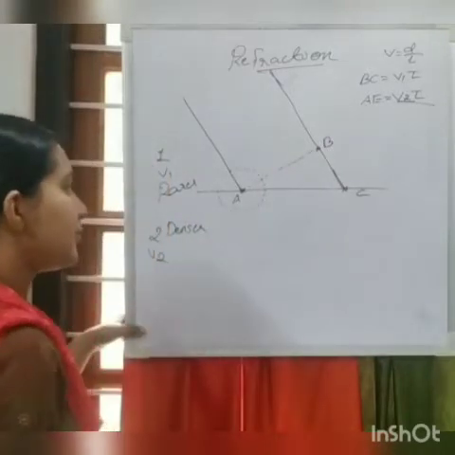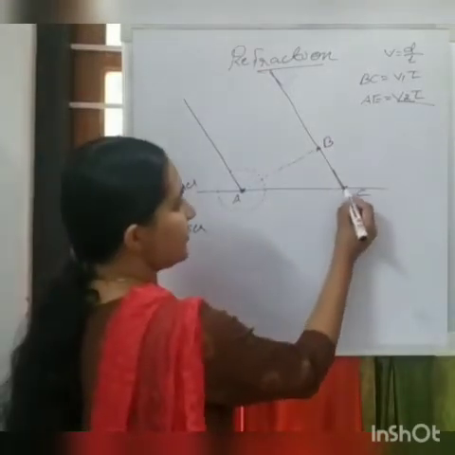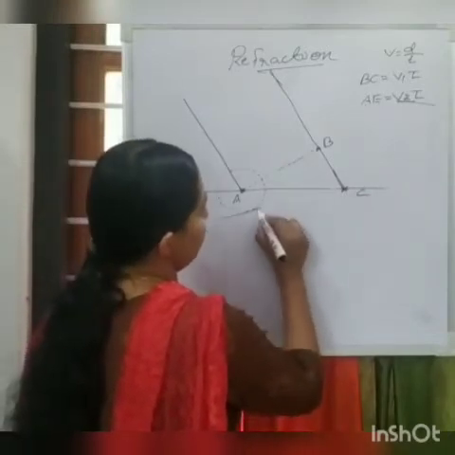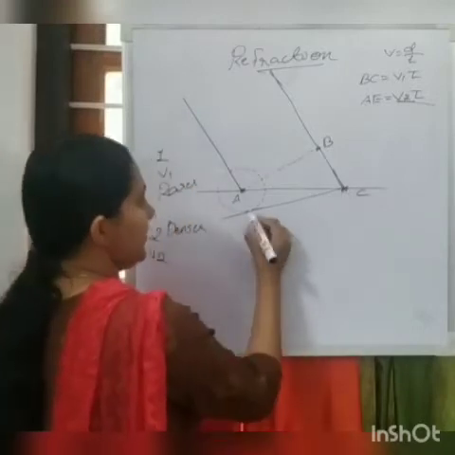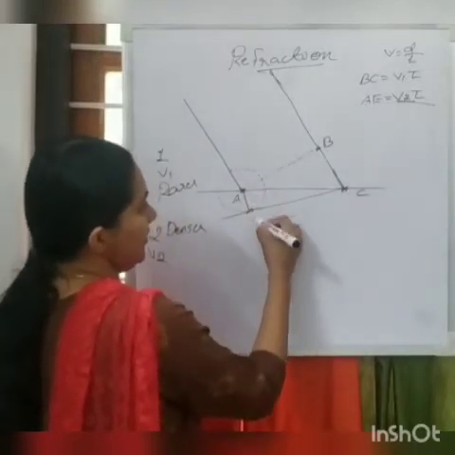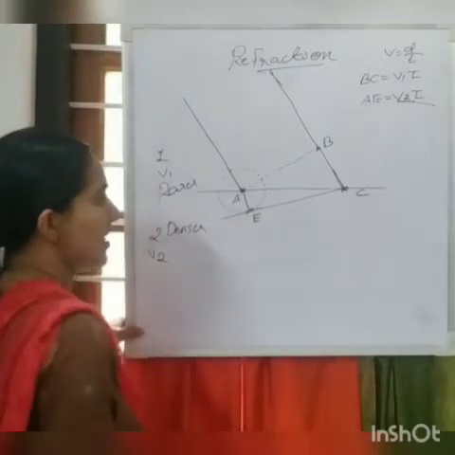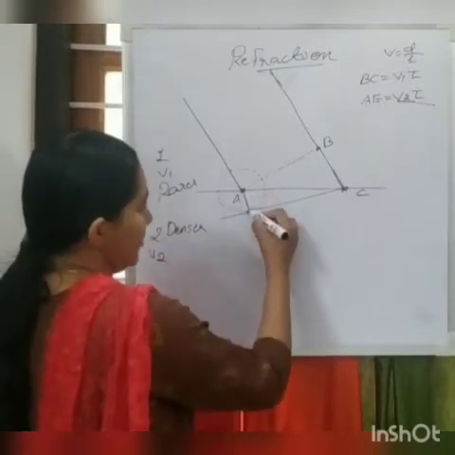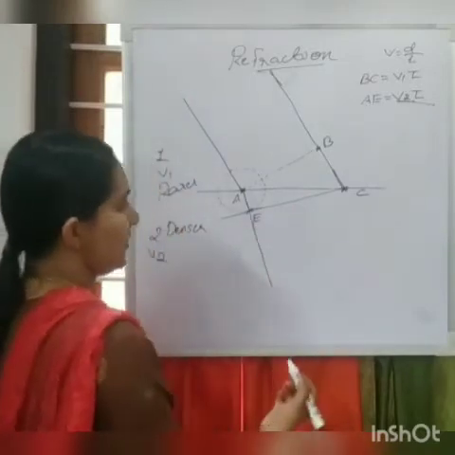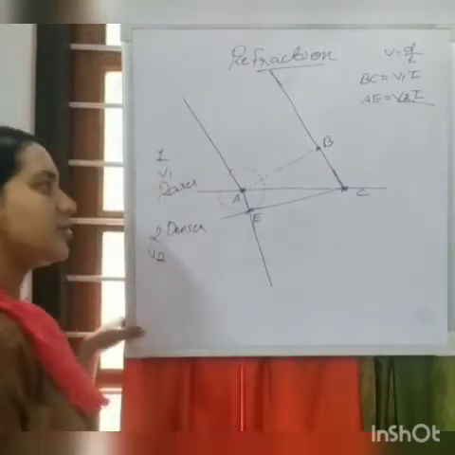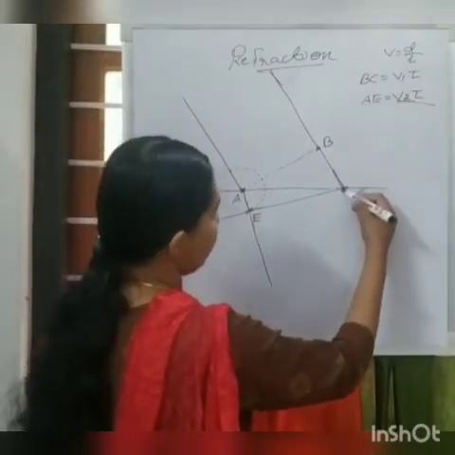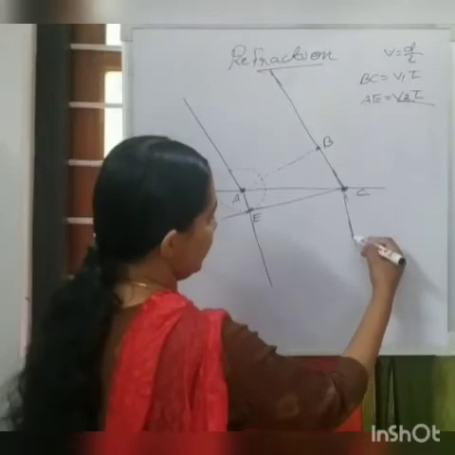Okay. And to get the new position, draw a tangent from C to this circle. Okay. So this will be the new position for the wave. Okay. I'm going to extend that line. So this will be the new position for the wave. Okay. Here also it will be refracted in the same way.